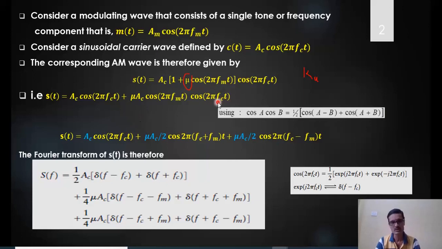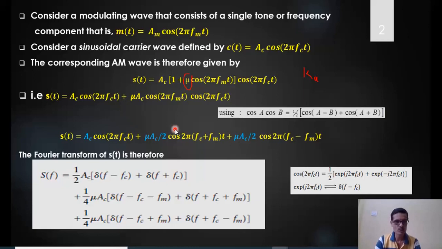Again, I apply the trigonometric rule of cos A cos B, considering this as A and this as B. So I will get this equation finally for a standard or conventional AM signal, that is double sideband full carrier, where this particular component is the unmodulated carrier, as you are aware. The second part represents the upper sideband with the frequency of fc plus fm with the amplitude equal to mu Ac by 2. The third component is the lower sideband, fc minus fm hertz, with the amplitude again the same as the amplitude of the upper sideband.